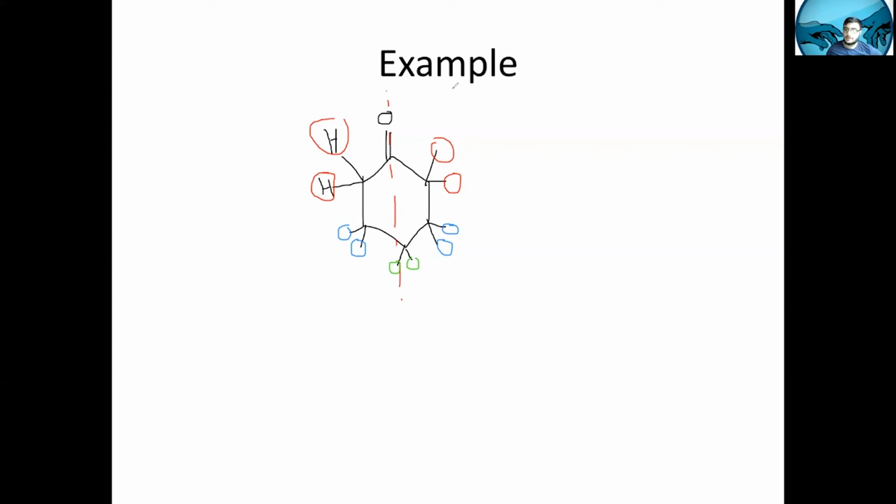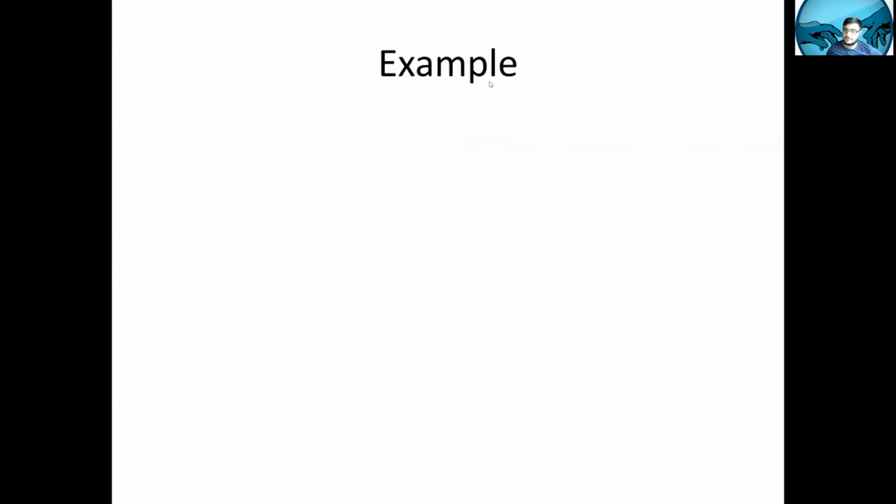If you had, for example, something like this, where it was just a double bond O, and then you had an F here or something like that, like a fluorine, and then you had carbon here, there is no longer a line of symmetry.